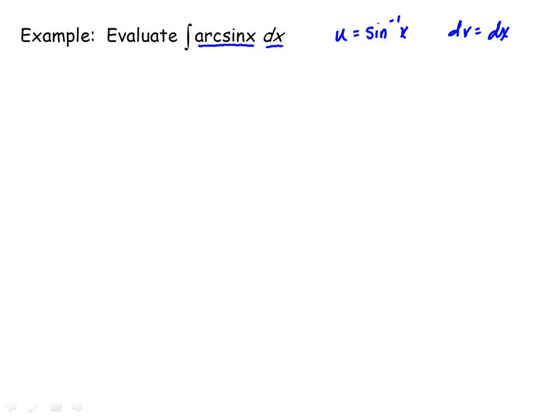Okay, getting your chapter 8 cheat sheet out. Let me find it. What is the derivative of sine inverse x? You're going to have 1 over the square root of 1 minus x squared, and then times the derivative of x, which is just 1 dx.